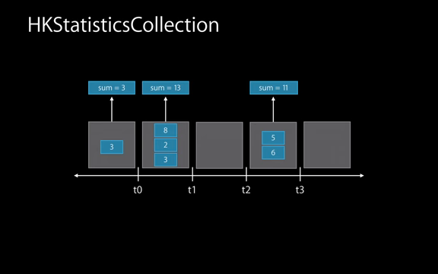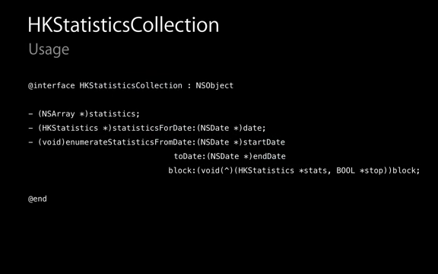So this is what a statistics collection is, but how do you actually interact with this object? Because we don't force you to give us a start date or an end date, there's potentially an infinite number of statistics. The first thing you can do is ask for an array of all of the populated statistics. Populated statistics are the ones where their time interval actually had data in it.